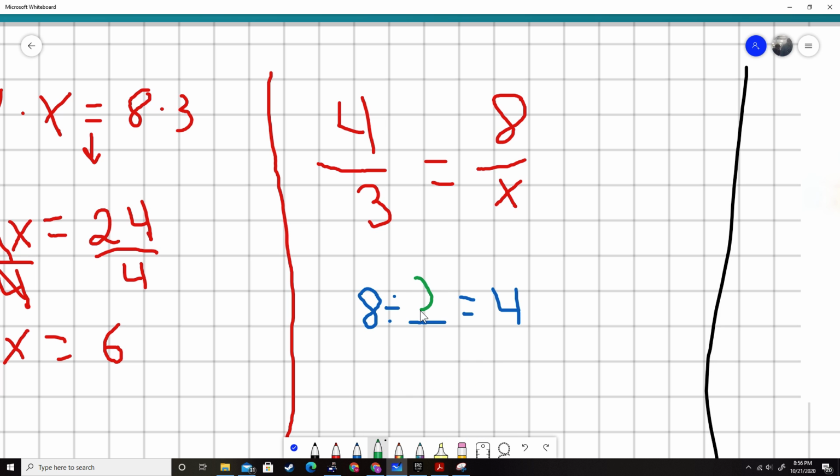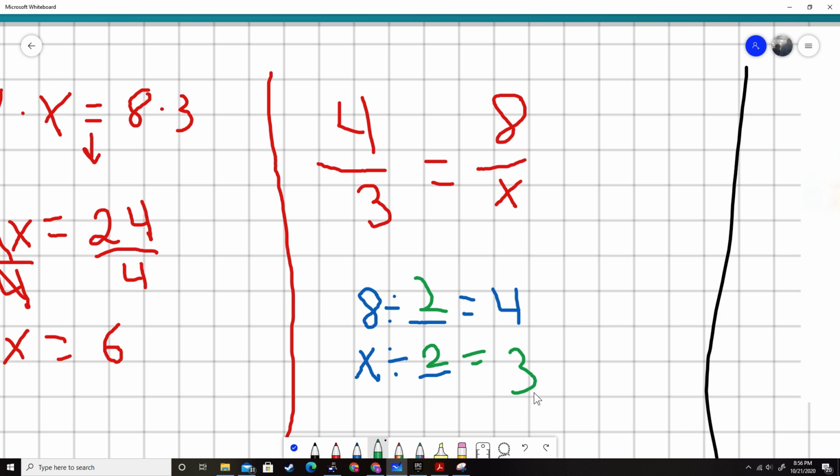So this is the case for this. This 2 that we're reducing by has to work between x and 3. Let's see if that works. So x is being divided by that same 2, and that ends up giving us a 3.